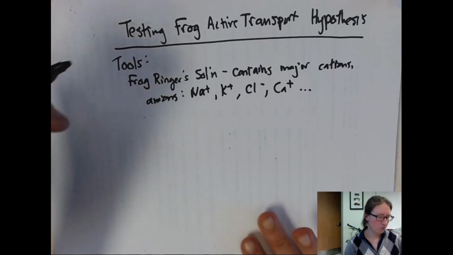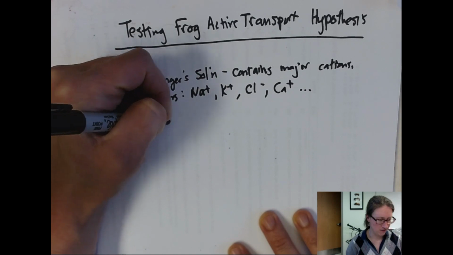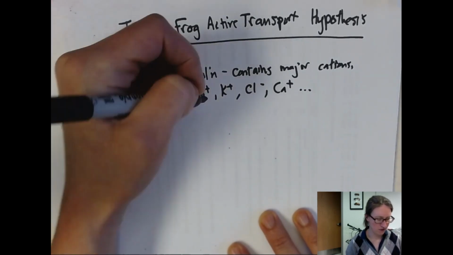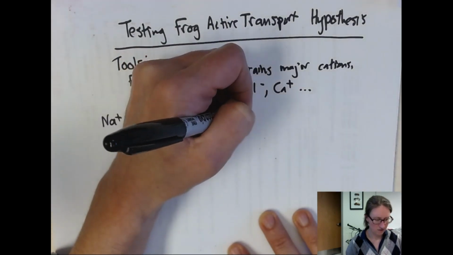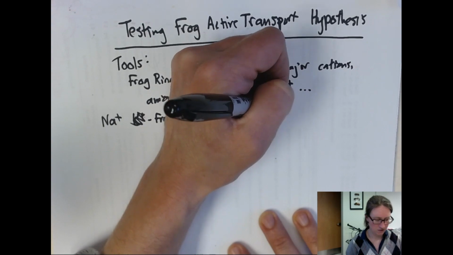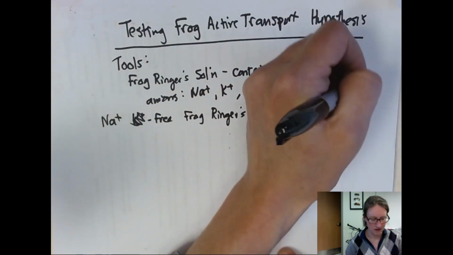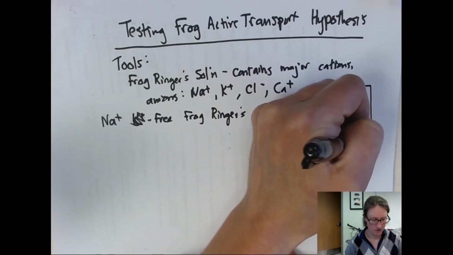In addition to that, we're also going to have sodium-free frog ringers solution. So we can add that to either side of our membrane, right? So here's our membrane.